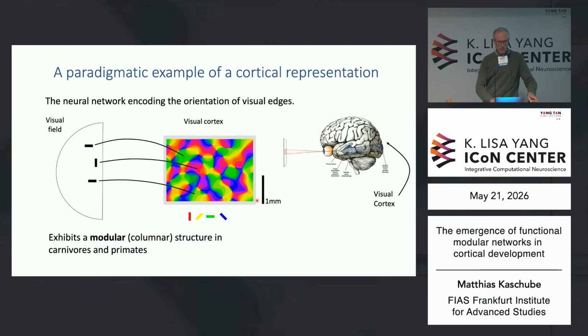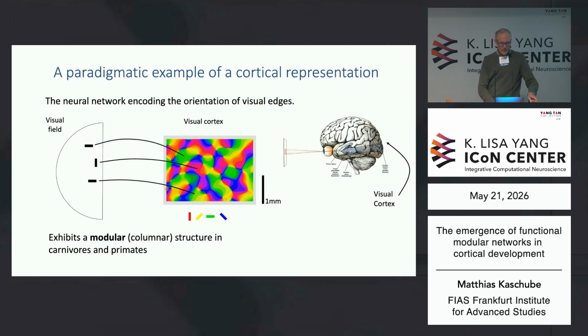And on the scale of a millimeter, you have different cells preferring different orientations, and it varies mostly gradually as a function of space. So these domains here, for instance these red domains, hundreds and thousands of cells in this area would encode the vertical orientation of stimuli in a particular visual field location.